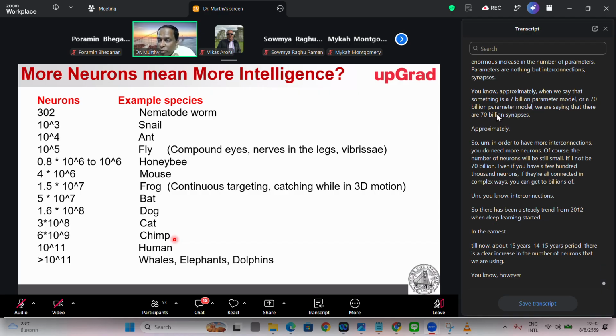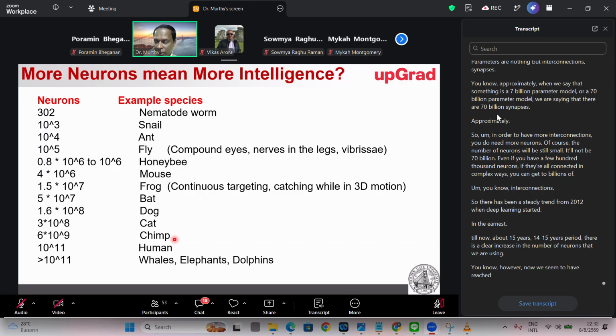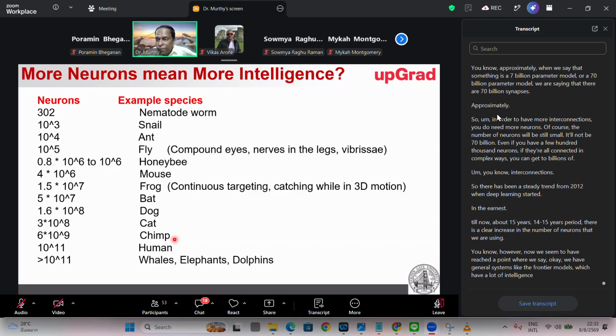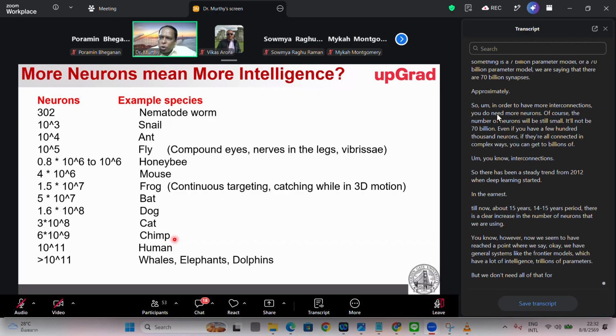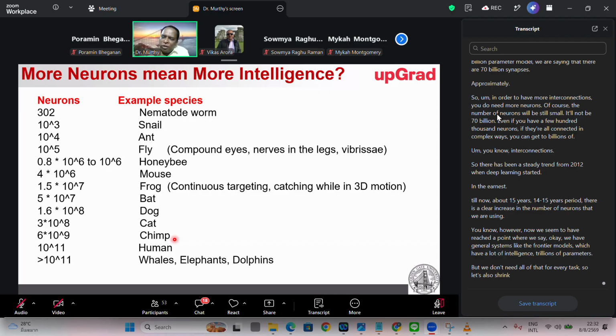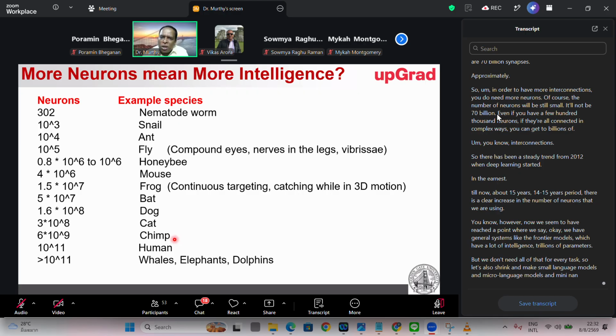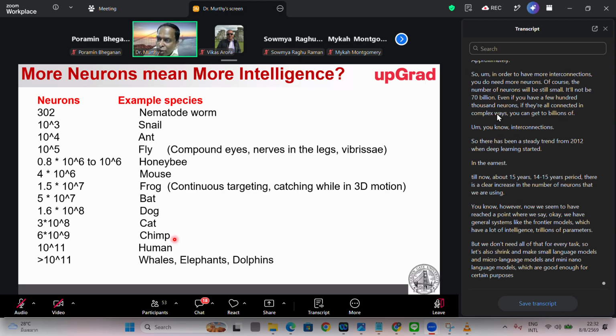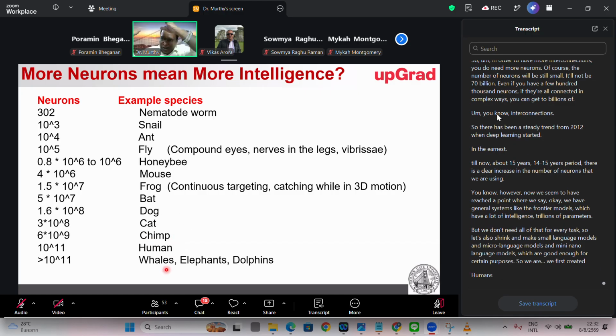However, now we seem to have reached a point where we say, okay, we have general systems like the frontier models, which have a lot of intelligence, trillions of parameters, but we don't need all of that for every task. So let's also shrink and make small language models and micro language models and mini nano language models, which are good enough for certain purposes. So we first created humans and whale equivalent of LLMs.